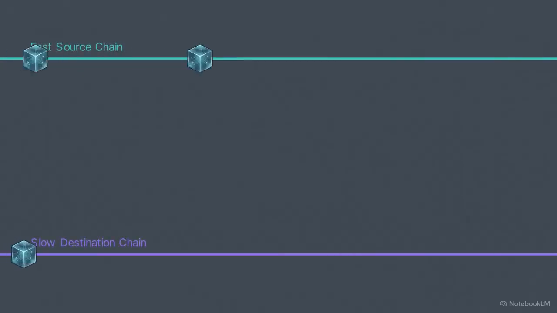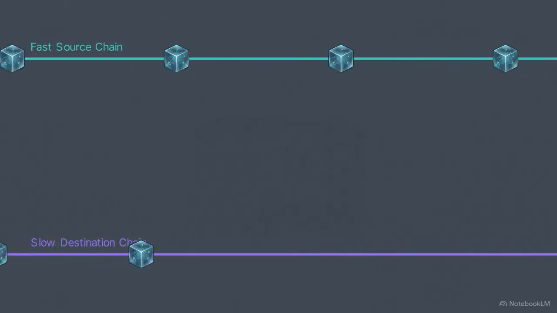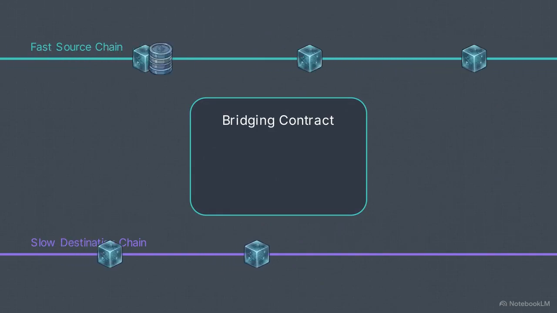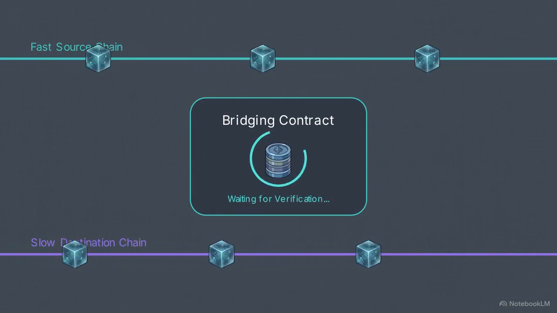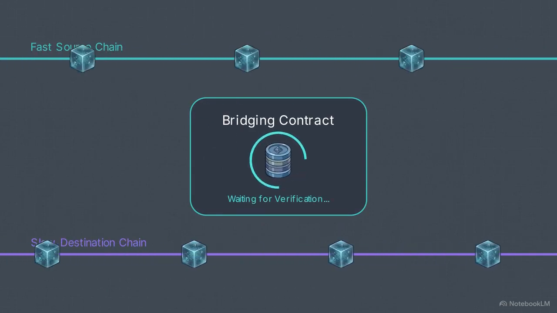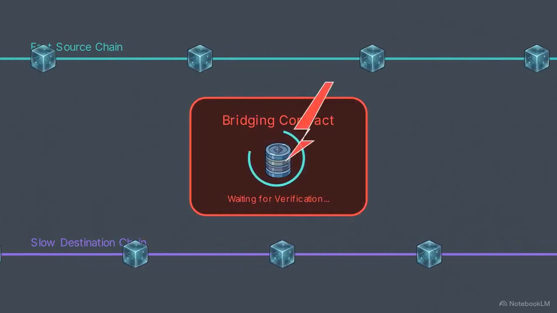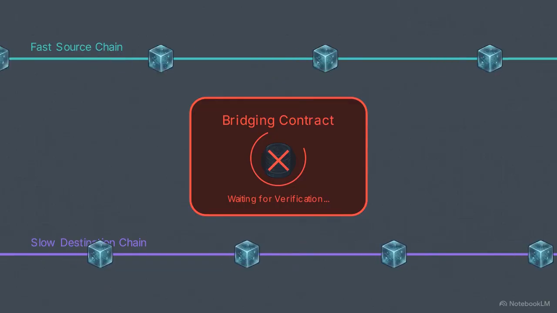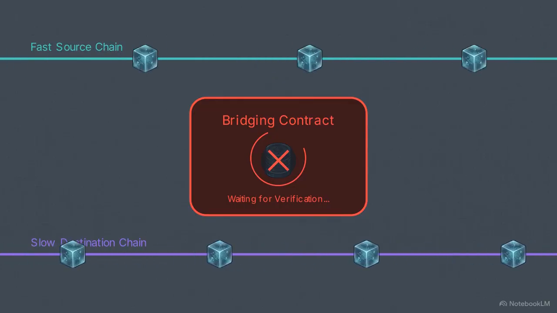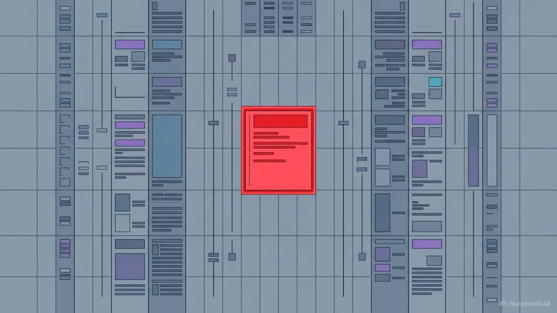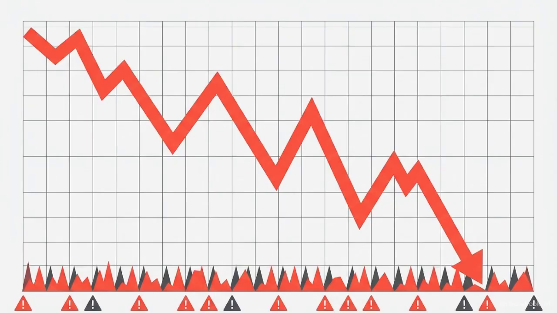Because blockchains produce blocks at different speeds, bridges suffer an asynchronous vulnerability. There's a delay between an event on the first chain and verification on the second. In this limbo, the chains are out of sync, creating a window where verification can be intercepted or manipulated. Attackers have exploited these exact timing gaps and smart contract flaws to drain over $2 billion from bridges in recent years.